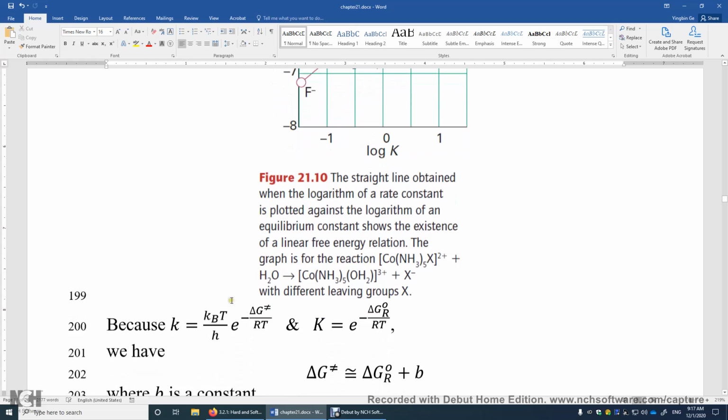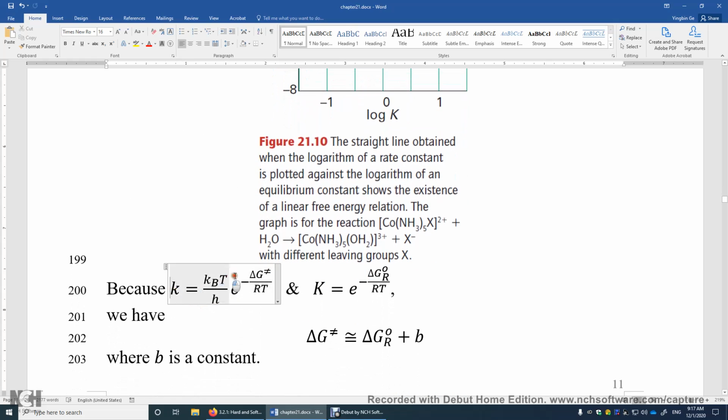Okay? And because we have this Eyring equation for the reaction rate constant, and we have this equation for the equilibrium constant, and then we take the logarithm of both sides and do some more analysis, we find this Gibbs energy of activation is approximately equal to the Gibbs energy of reaction plus a constant B. Okay, this is a different constant.